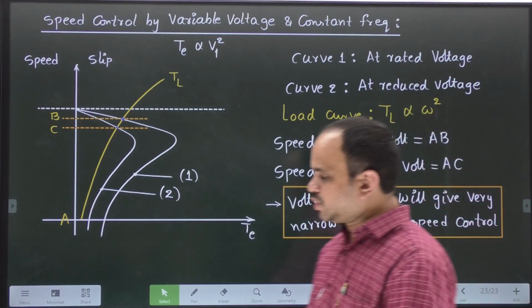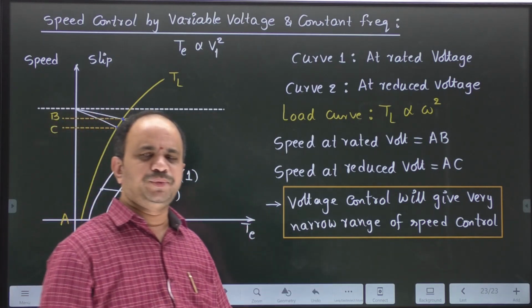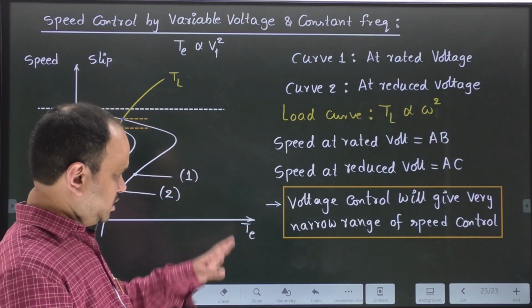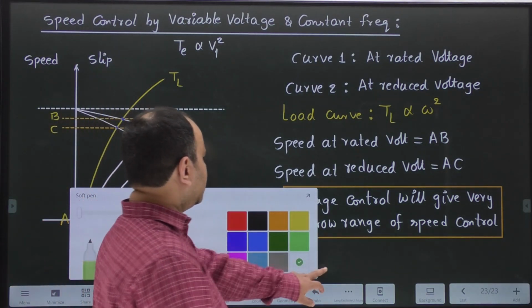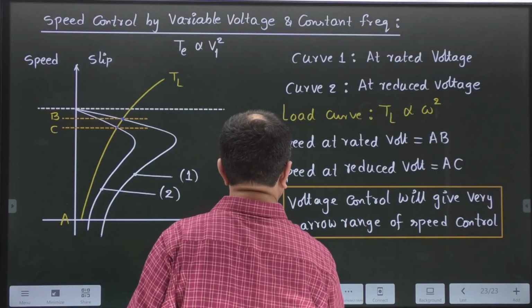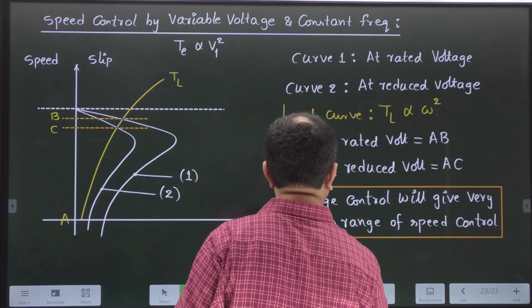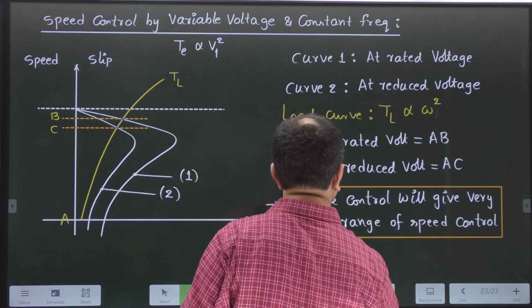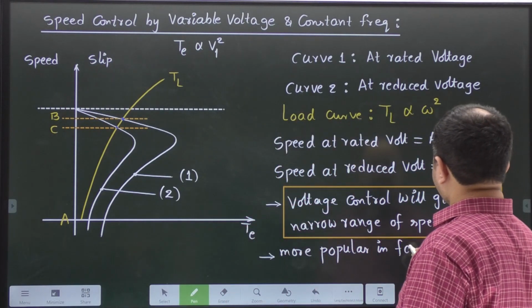So voltage control is not preferable for applications wherever a wide range of speed control is required. It will give you a narrow range of speed control. That is why this type of control is more popular in applications like fans.